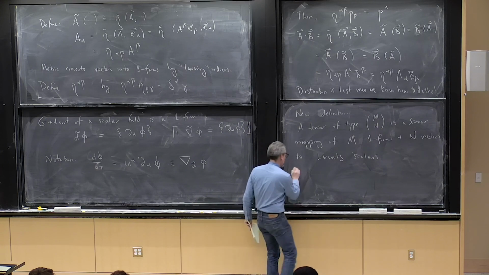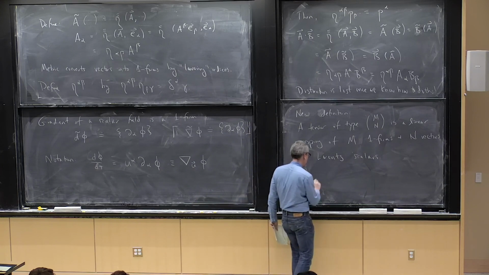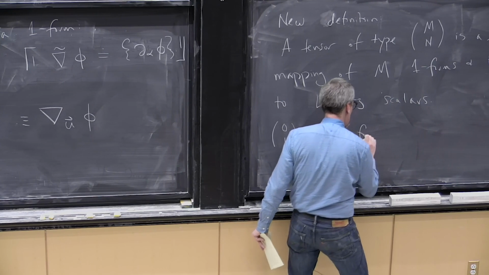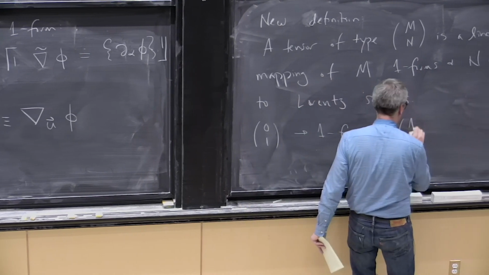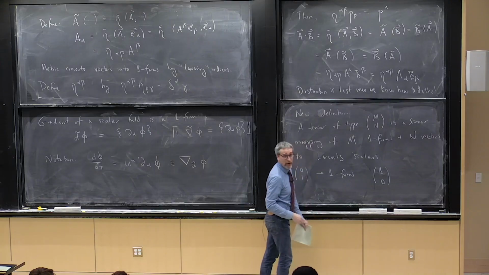In this definition, we've already introduced (0,1) tensors. Those are one-forms. (1,0) tensors are vectors.